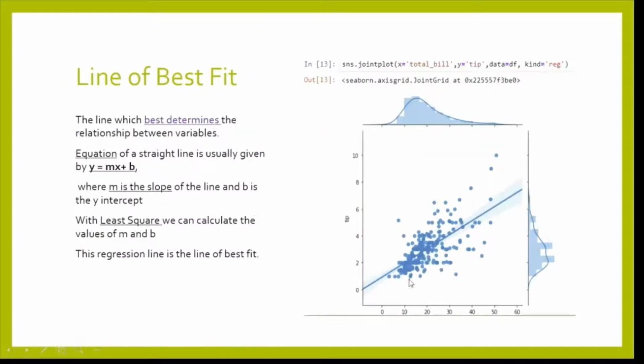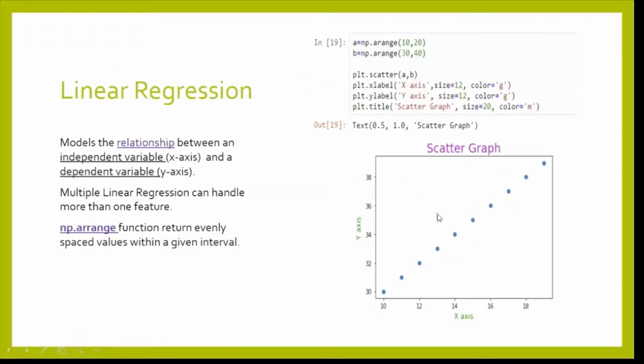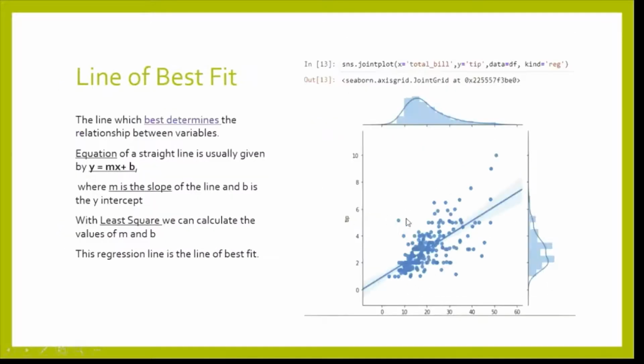In regression, we often come across this term, line of best fit, and you can see this line of best fit. Now suppose in this example there were just a few values and you simply got a simple regression. Now suppose you've got many values and your plot looks like this, then what will happen?